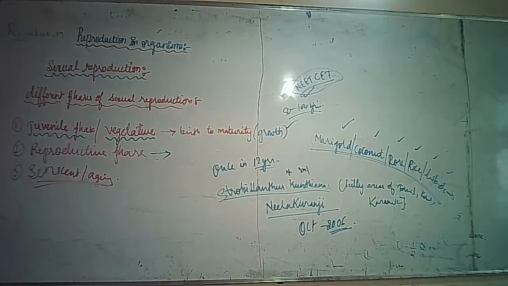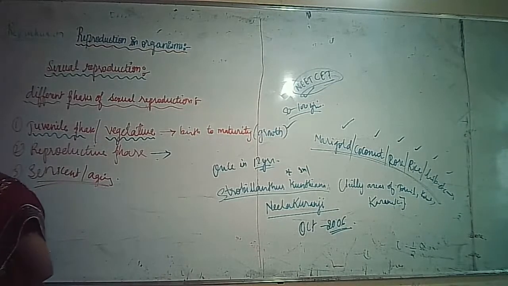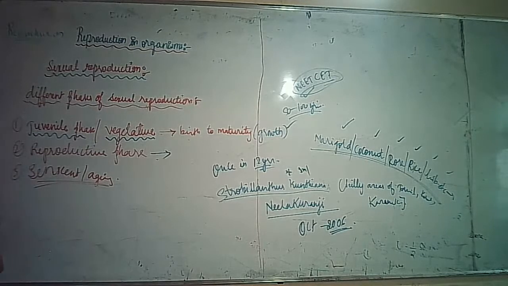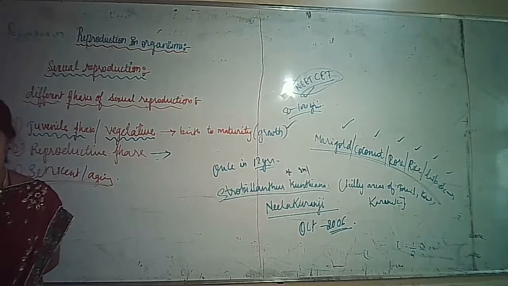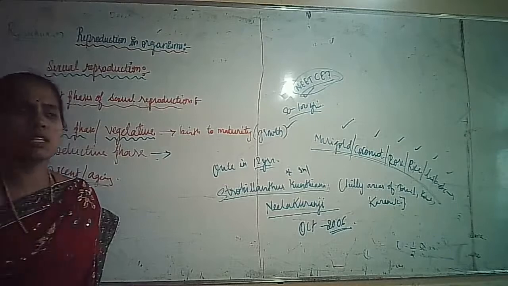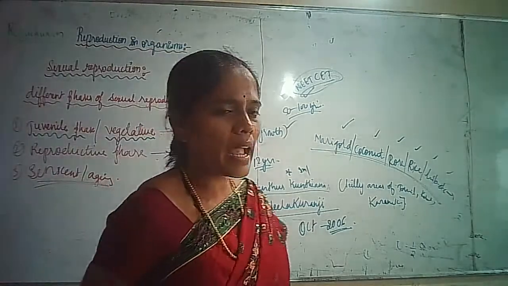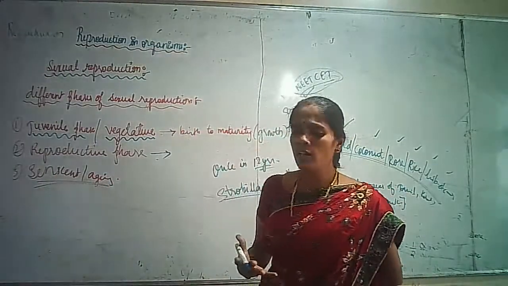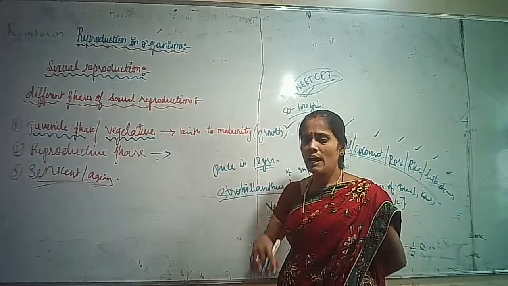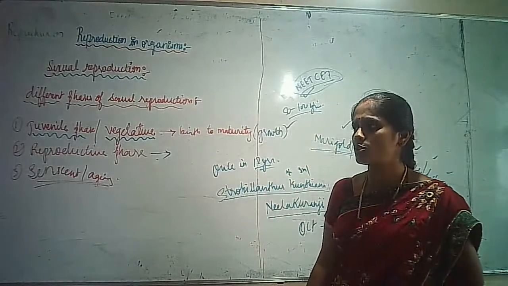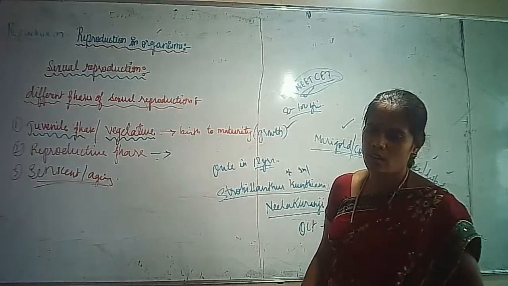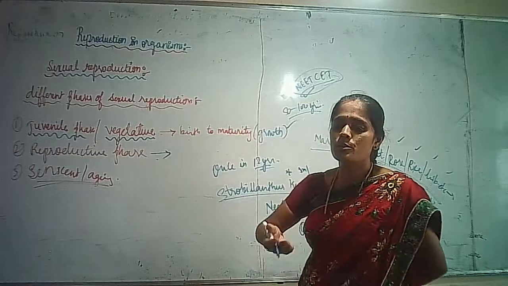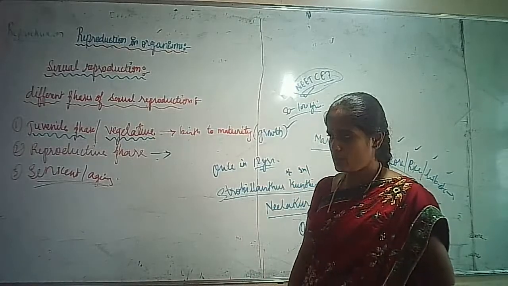The juvenile phase is followed by morphological and physiological changes which take place before reproduction. Before reproduction, the body should be physically capable, and also anatomically, that is internally, capable of giving birth to the new one, or producing the young one, or reproducing.